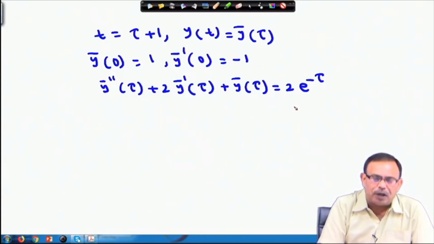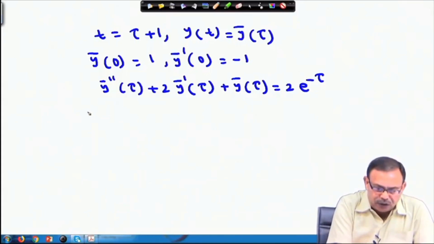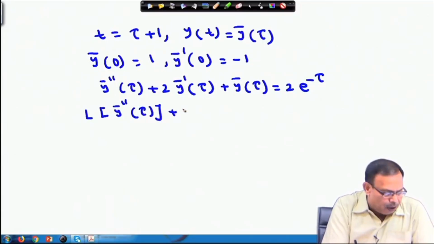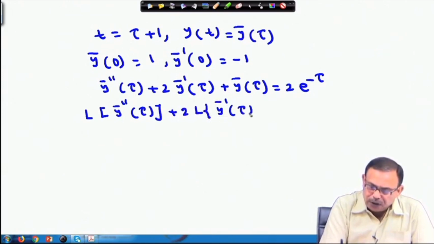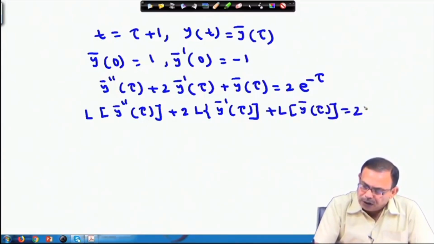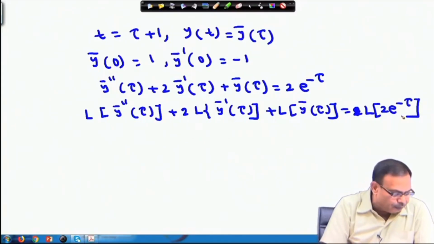So your original equation is transformed to this. Now you take the Laplace transform as usual on both sides of the given equation. So the Laplace transform of y bar double dash tau, plus 2 into the Laplace transform of y bar dash tau, plus the Laplace transform of y bar tau, and the Laplace transform of 2 e power minus tau.